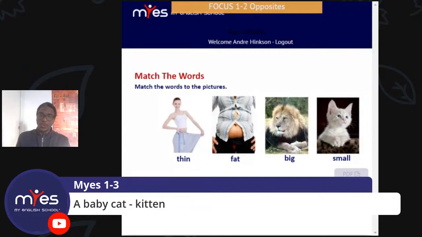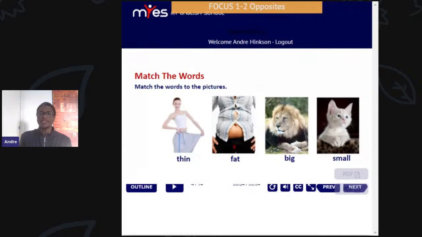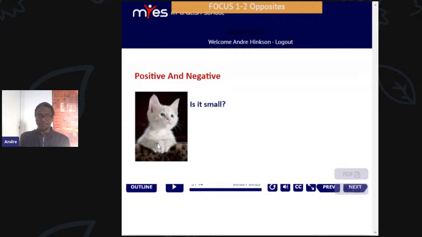So we have cat, which is the adult, but the baby cat is called a kitten, and the kitten is usually small. Good. So we've got the two opposites. We've got thin, fat, then big and small. So those are the opposites in these pictures.